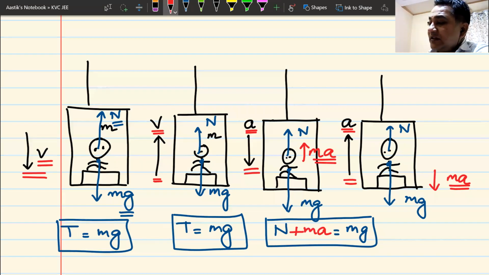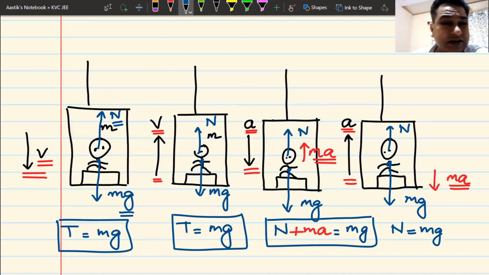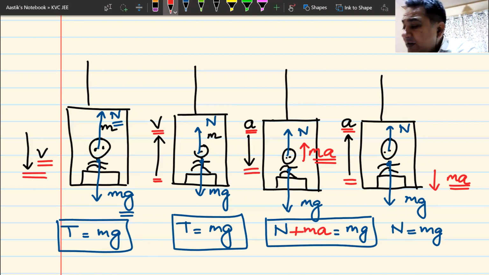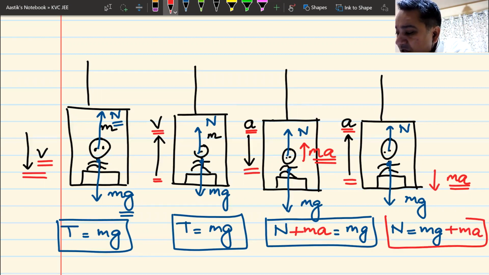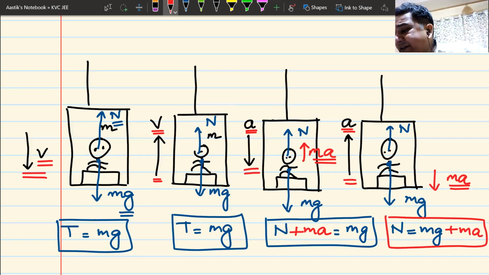What will be the equation in this case? N is upwards, and is equal to mg downwards, but I'm making this equation from the lift, which is a non-inertial reference frame, plus ma, and this is how the equation changes. Normal reaction becomes mg plus ma.